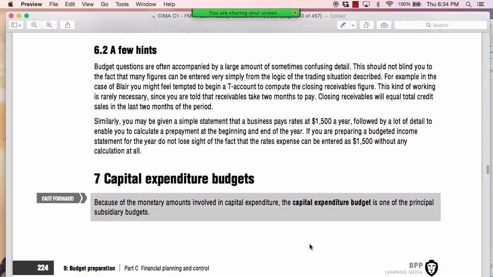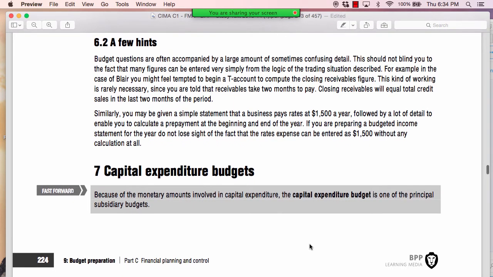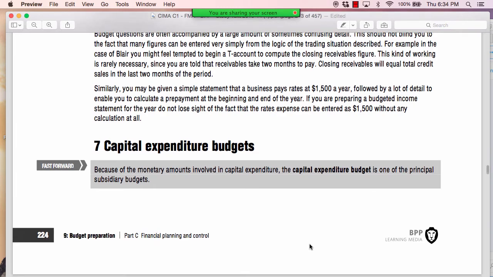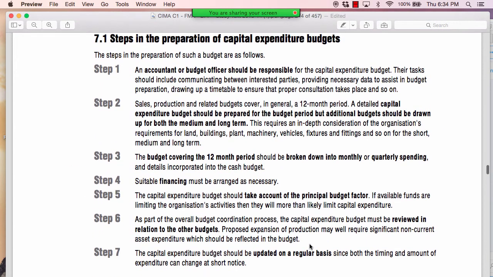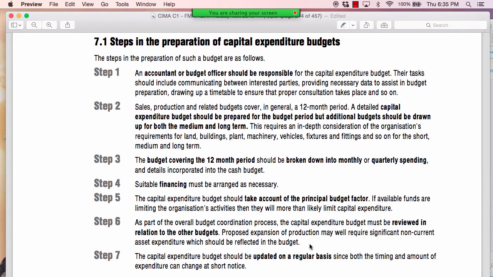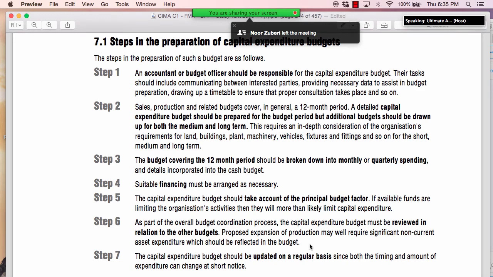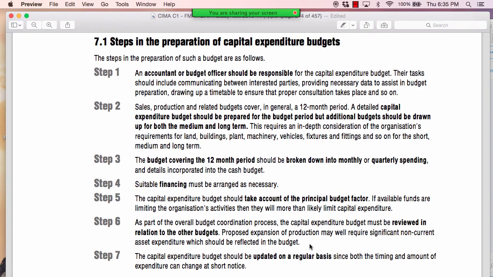Okay. So now, because of the monetary amounts involved in capital expenditure, we know now what capex expenditure is. It is one of the principal subsidiary budgets. Now, steps in preparation of the capital budget. Each area is basically saying what capital expenditure is required and for what. Step 1, an accountant or budget officer should be responsible for the capital expenditure budget.